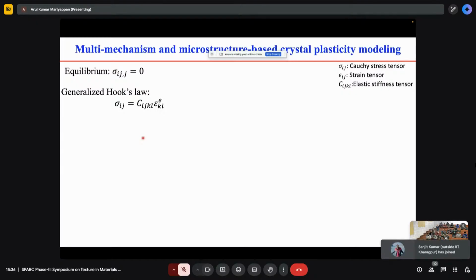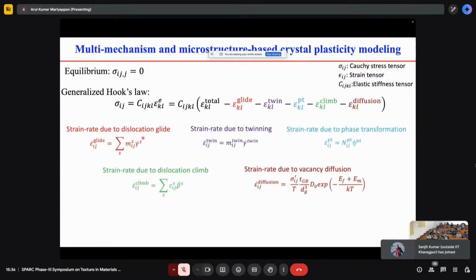With that assumption, we can rewrite this equation of Hooke's law. Now, the elastic strain tensor, epsilon_kl^E, is replaced by the total strain tensor minus all the inelastic strain tensor contributions.